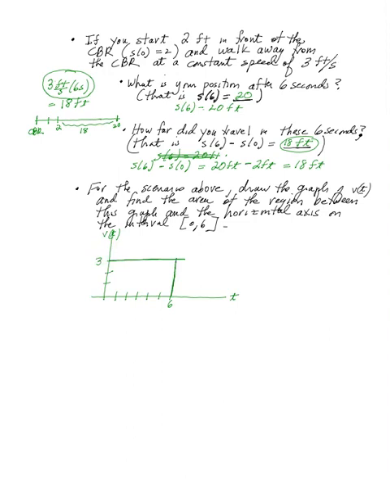And I was asked for some reason to find the area of this region under the velocity curve above the horizontal axis between the vertical lines 0 and 6. Well, that's just a rectangle, and the height is 3, the width is 6, so the area is 18. So there's 18 of these square units that cover this rectangle.